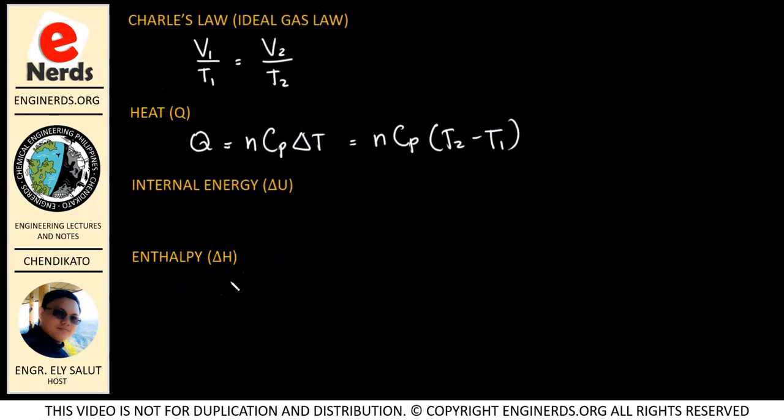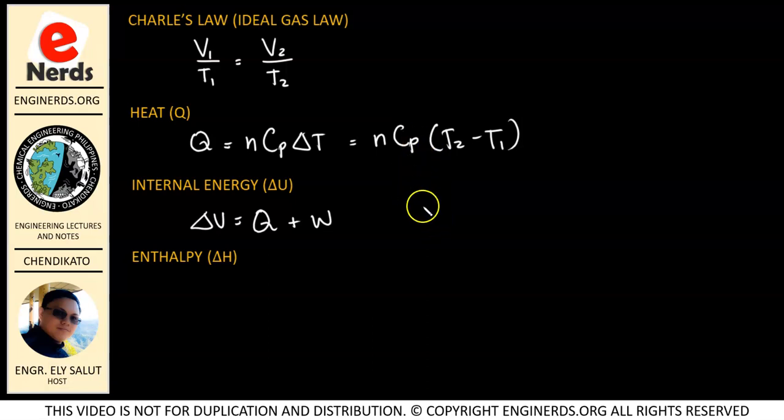And then for internal energy, of course, we could still use our equation for the first law of thermodynamics, in which delta U is equal to Q plus W. Okay, so you could learn more about this if you check our video about the first law of thermodynamics.